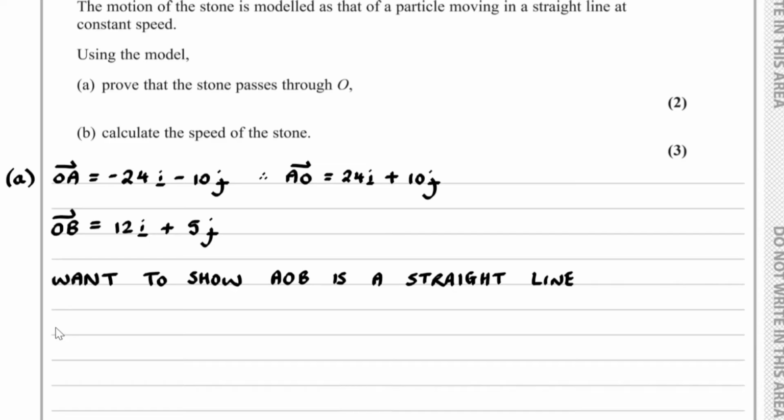Well, what you can see from here then is AO is equal to 2 lots of OB.